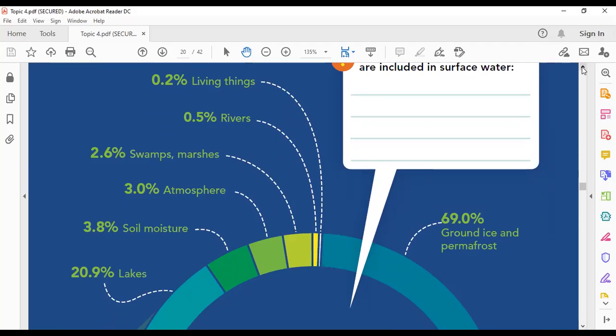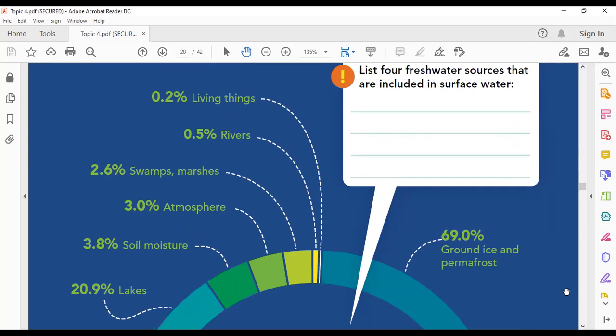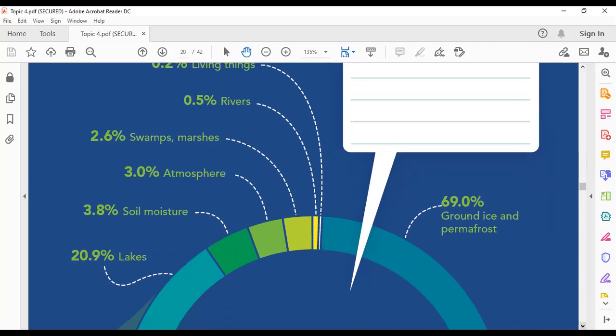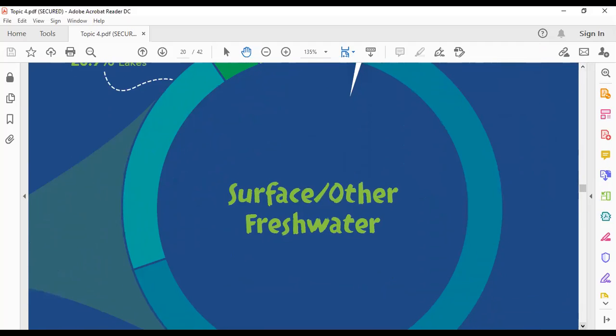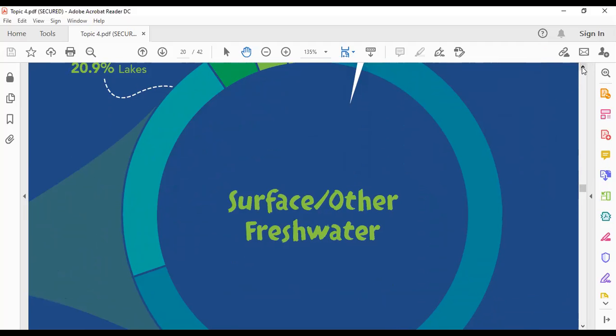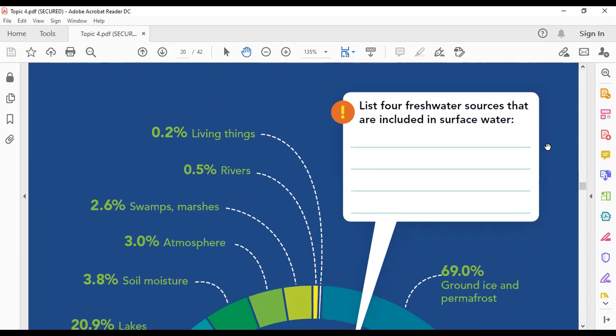This chart shows the distribution of surface fresh water. How is the surface fresh water distributed on Earth?